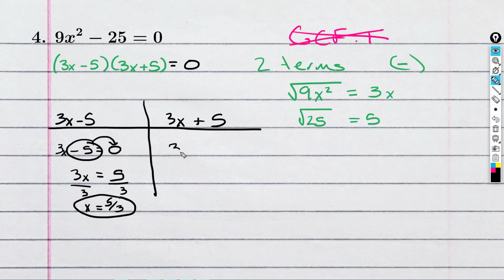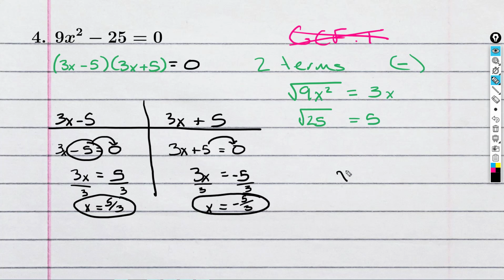Now let's do the other one. 3x plus 5 equals 0. When I move that 5 to the right-hand side, it becomes 3x is equal to negative 5. Divide both sides by 3. X is equal to a negative 5/3. And so my answer is x equals the set negative 5/3, comma, 5/3.